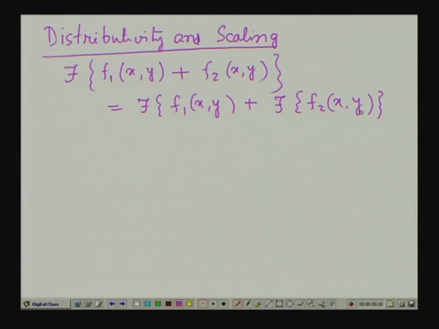So, this is true under addition, that is for these two signals f1 xy and f2 xy. If I take the summation and then take the Fourier transformation, the Fourier transformation will be the summation of the Fourier transformation of the individual signals.